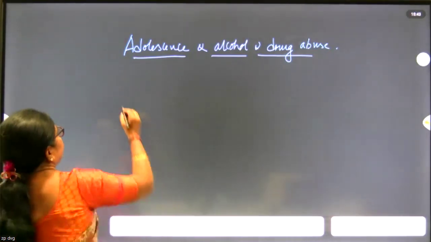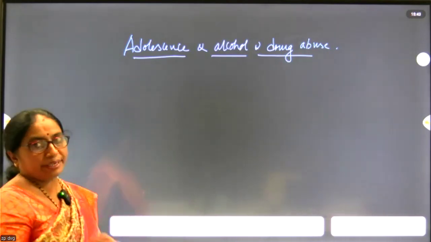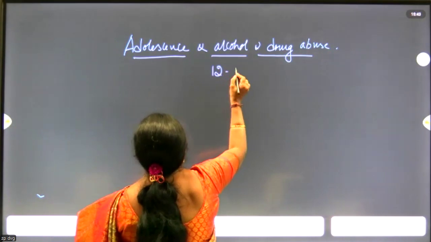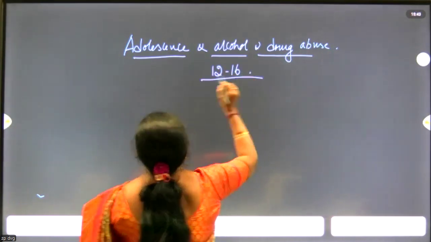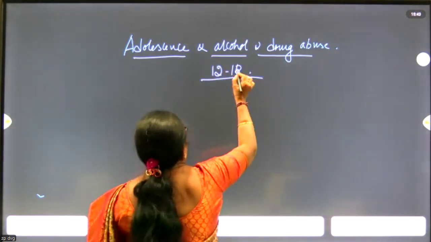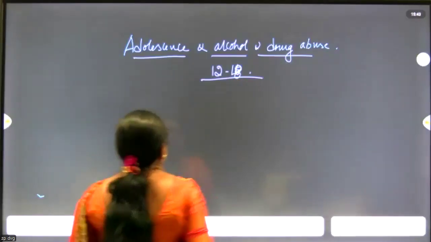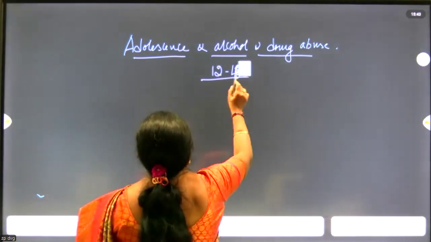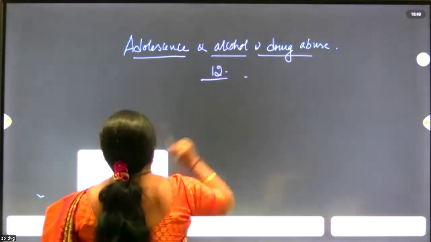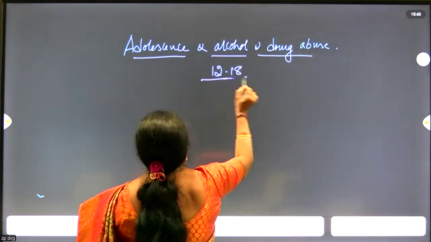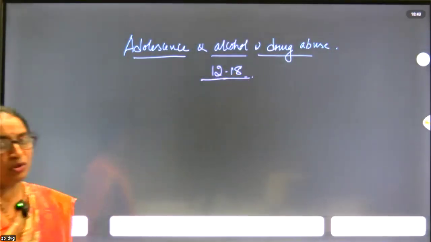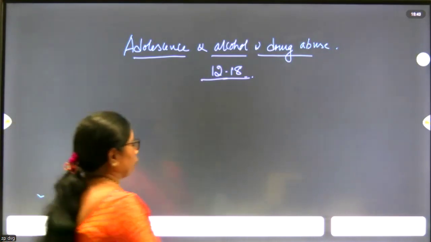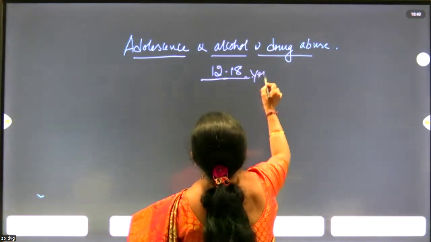You call it teenage, or you call it puberty. So it is between the age of 12 to 18 that you consider as adolescence. So you are all in this age, that is, you're all at puberty or adolescence. 12 to 18 years of age is considered as adolescence.